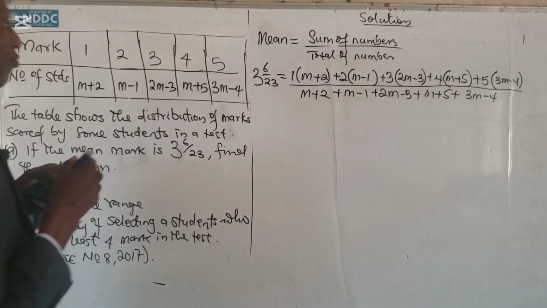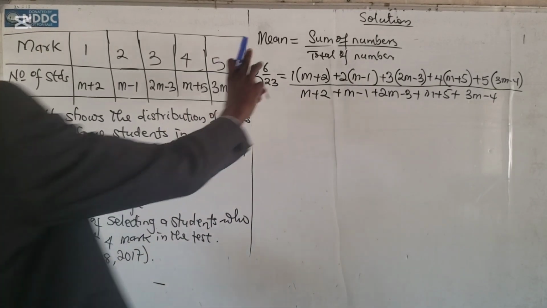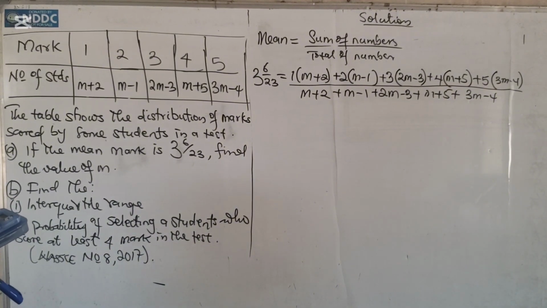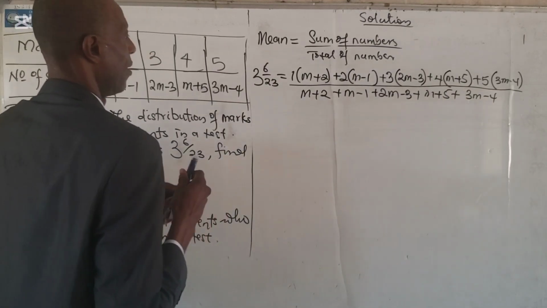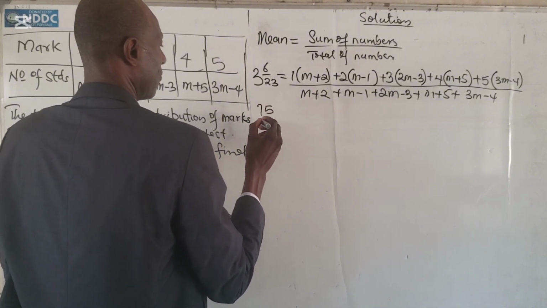All right, so what we need to do is to change this mixed fraction to an improper fraction, which is 23 times 3, you will now add 6 to it, gives us 75 over 23.